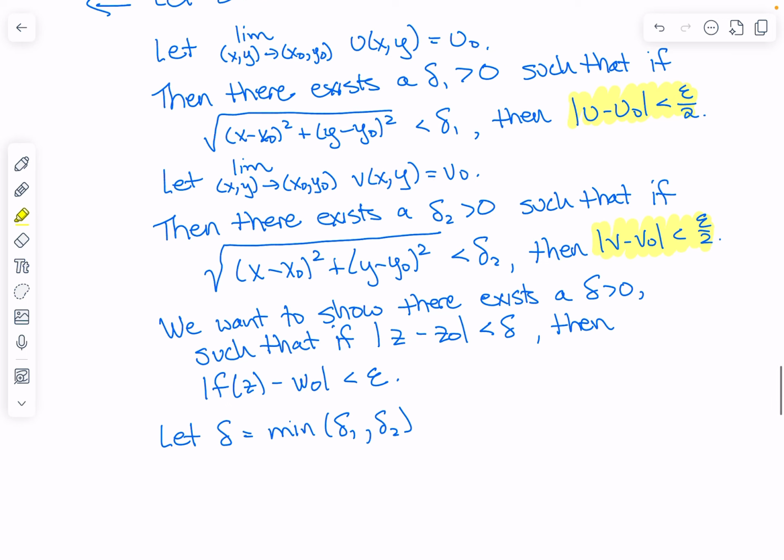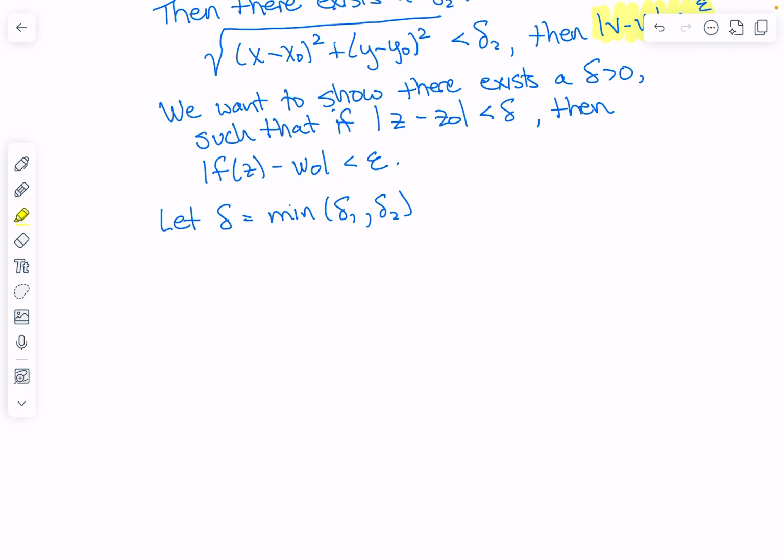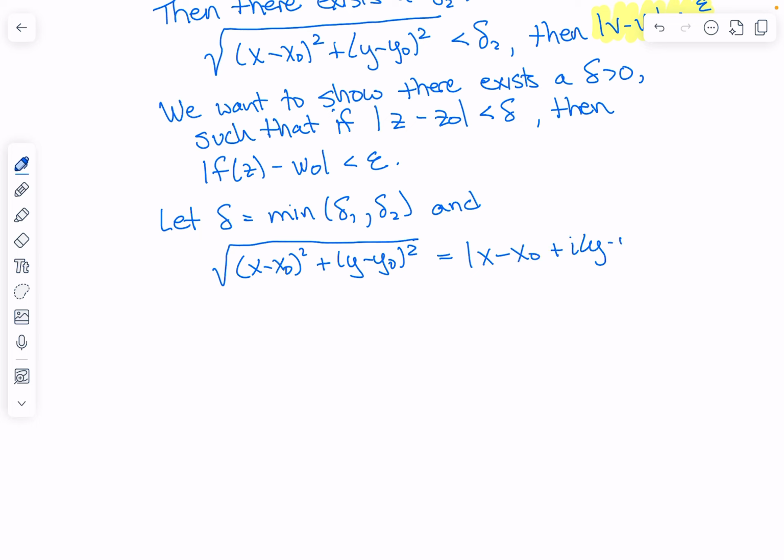Okay, so I'm going to assume that I'm in the situation where the square root of (x minus x0) squared plus (y minus y0) squared is small. So I'm going to assume that (x, y) is close to (x0, y0). But let me rewrite those as the modulus of (x minus x0) plus i times (y minus y0).